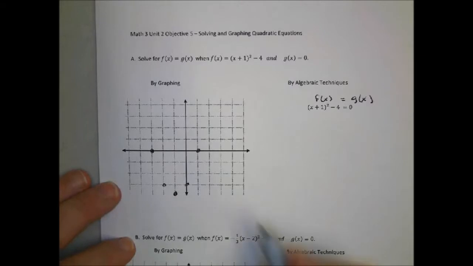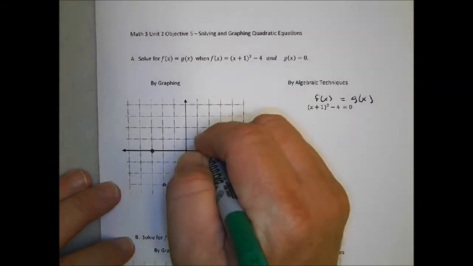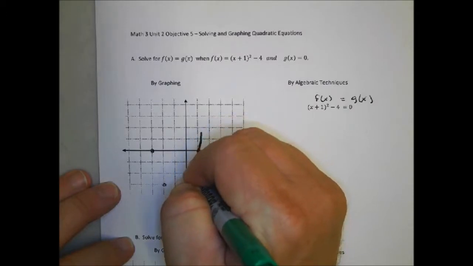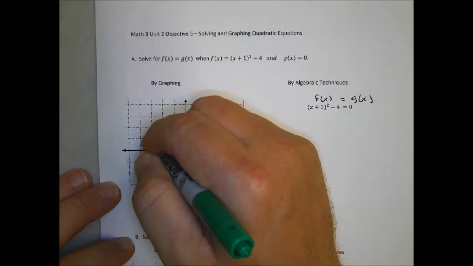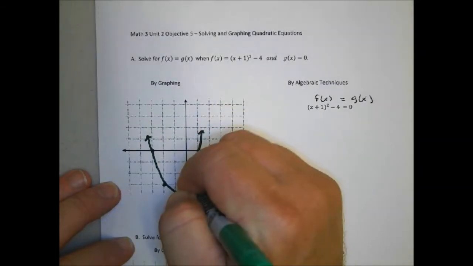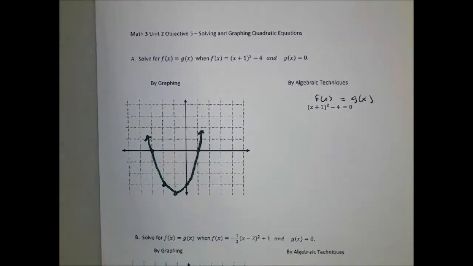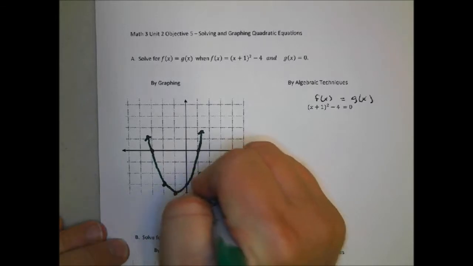Let's use these lattice points to help us graph the parabola. It's doing something like this. So that's a decent representation of that function, and we will call it f of x.